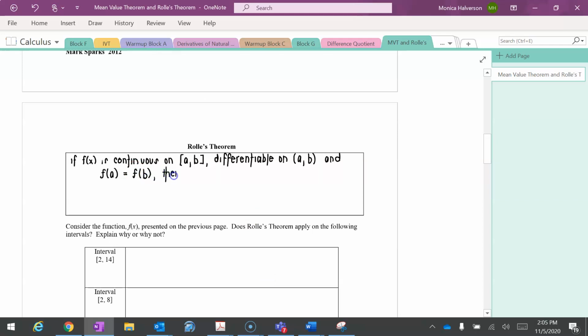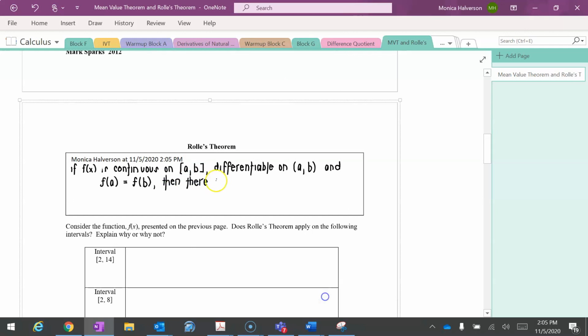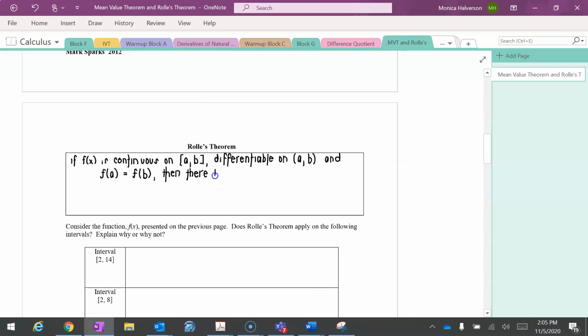then there is guaranteed to exist a value of C on the interval AB in which the first derivative equals 0.